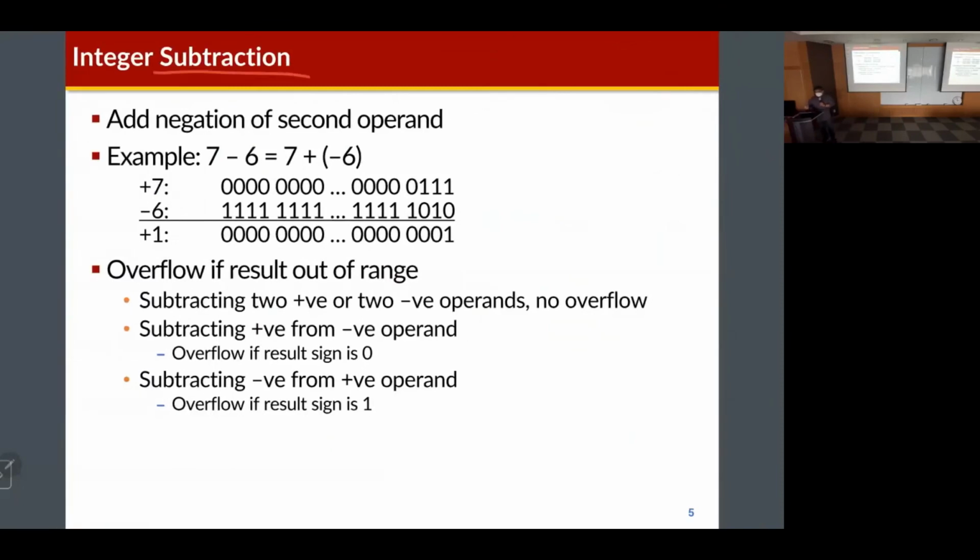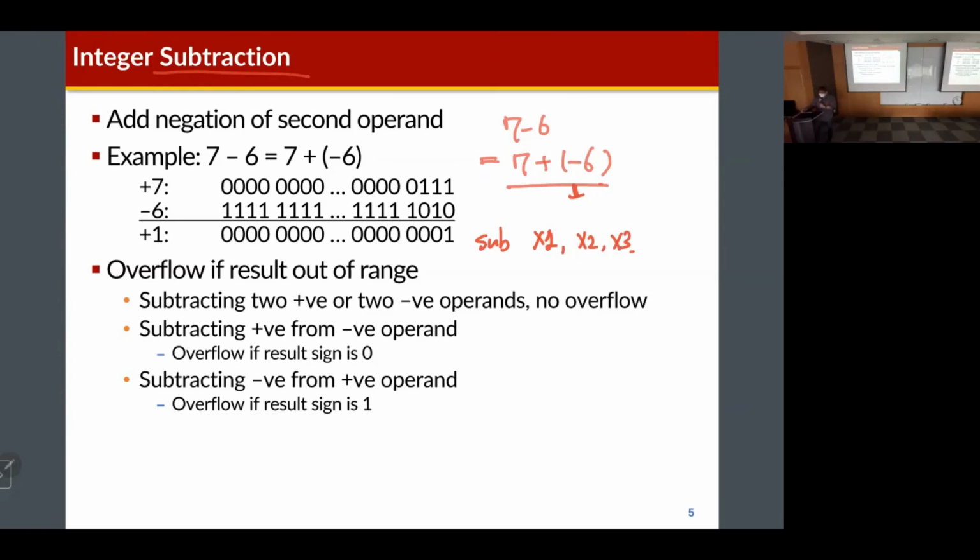Then subtraction. Subtraction is simple. Actually, subtraction is the same as addition, right? 7 minus 6 is actually 7 plus minus 6. So subtraction is just an addition of a negative number. How can we implement the subtractor, like sub x1, x2, x3?